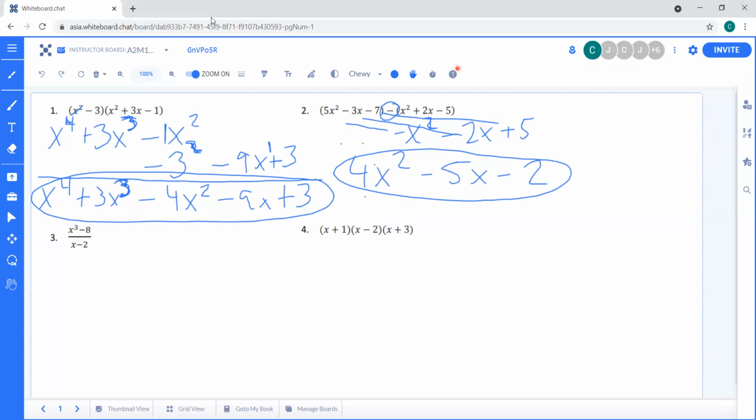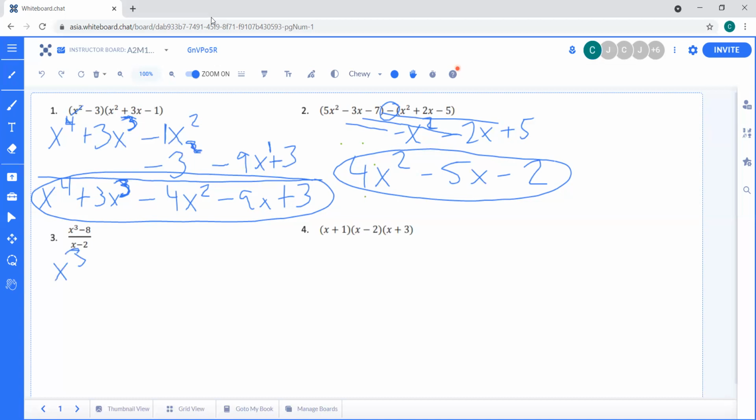Okay, we have x cubed minus 8 divided by x minus 2. So that tells me that x minus 2 is one factor of x to the 3rd minus 8. We know it's a factor now because we're not working with remainders or anything. So now all we have to do is do division. Remember I said to just go ahead to make it easy and plug in our 0.